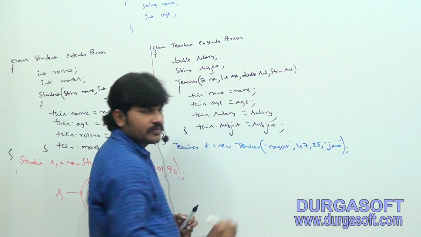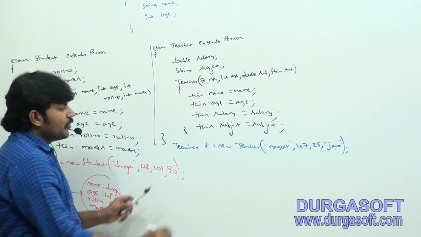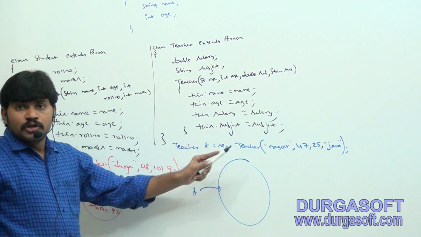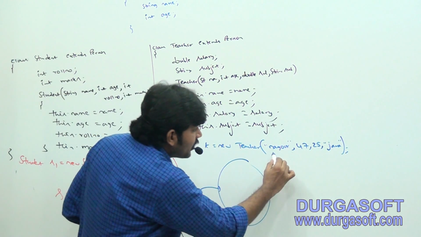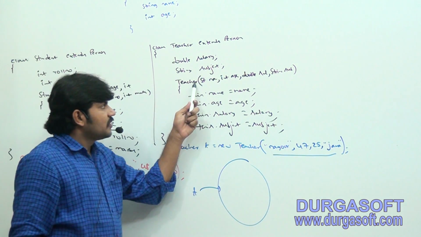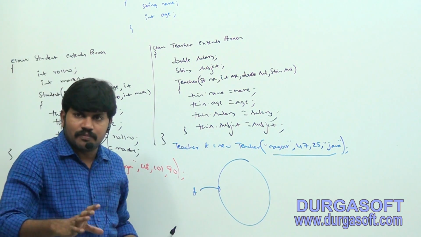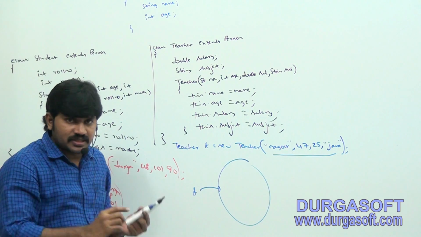Assume that. So now, whenever you are creating the teacher object, which constructor is responsible to perform initialization on this? The child, because the parent doesn't contain a constructor. The total initialization job is taken care of by the child constructor only.